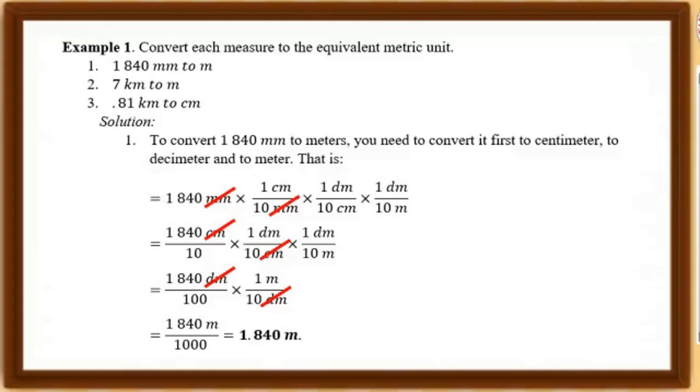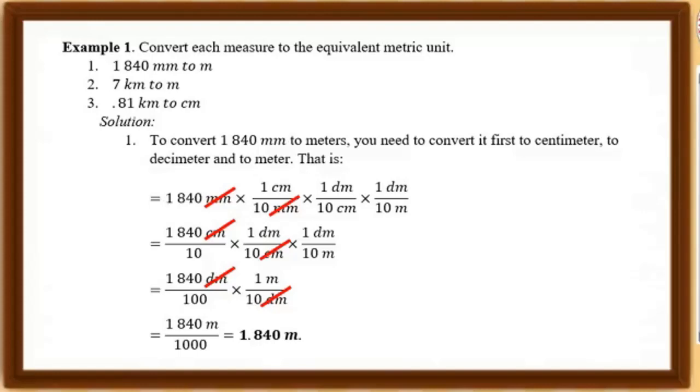It is equal to 1,840 decimeters over 100. Now to cancel the decimeter, we're going to multiply it by 1 meter over 10 decimeters. So 1,840 decimeters, cancel the unit of decimeter.